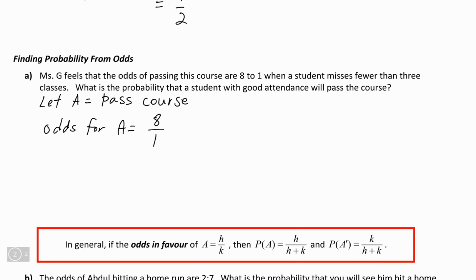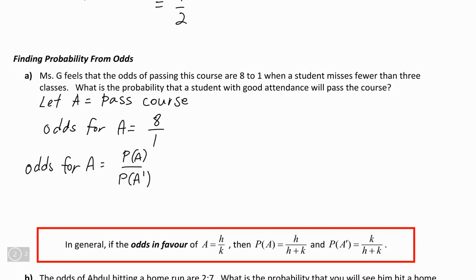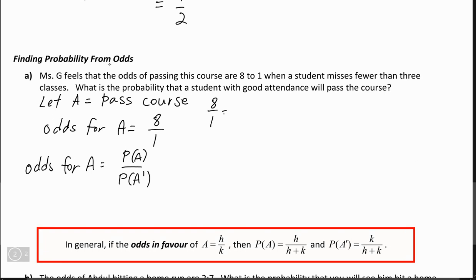In the formula, odds for A is equal to P of A divided by the probability of its complement, P of A prime. So let's equate the two: 8 over 1 equals P of A over P of A prime.